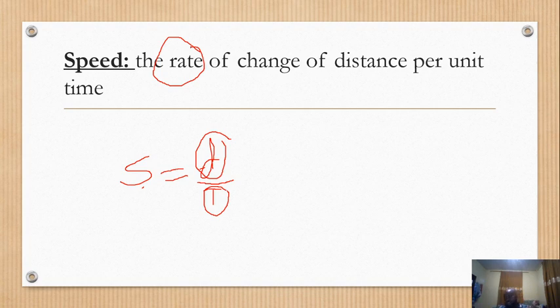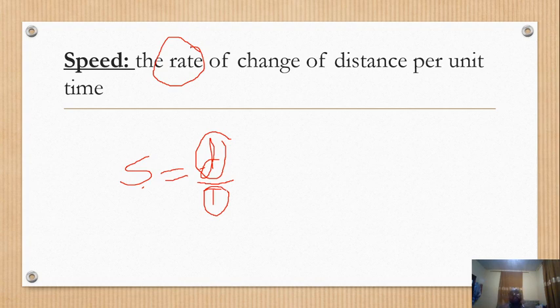In my example, I said I have 300 kilometers and I have taken 10 hours to travel that 300 kilometers. So in each hour of the 10 hours, how much distance was I traveling?